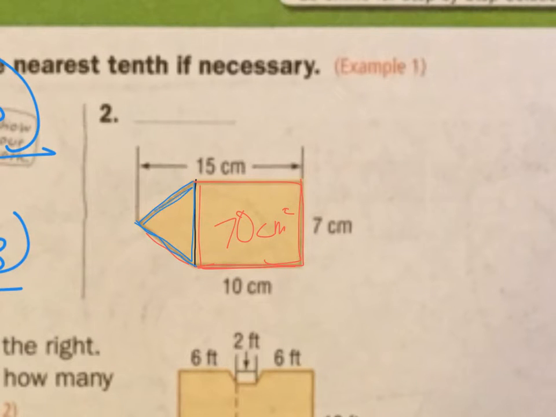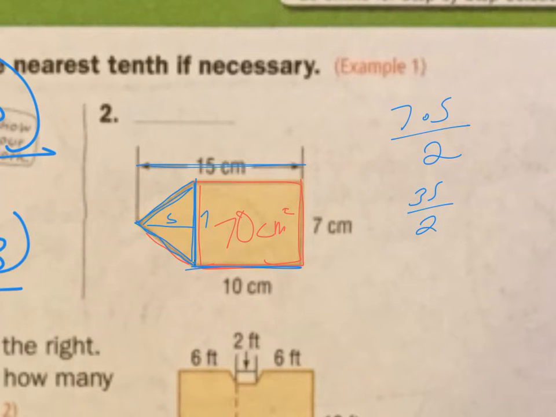The triangle is just the base times the height, and I know this is going to be 5, because if this is 10 and this whole thing is 15, that's 5 and that's 7. So 7 times 5 divided by 2. 35 divided by 2 is 17.5.